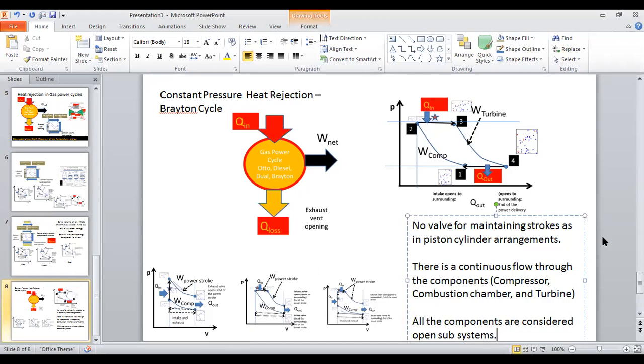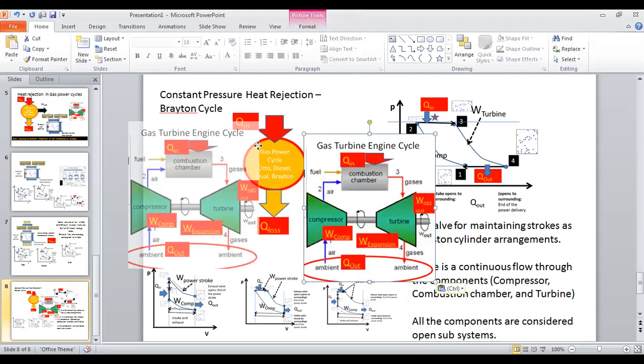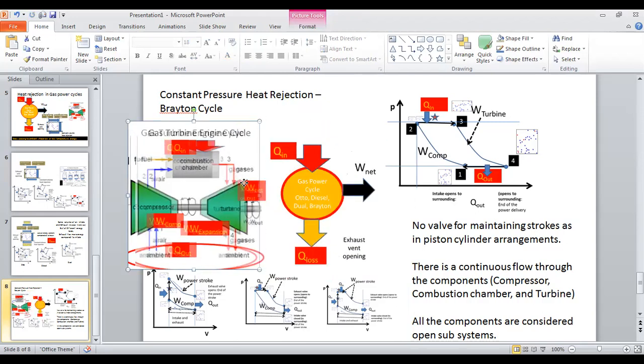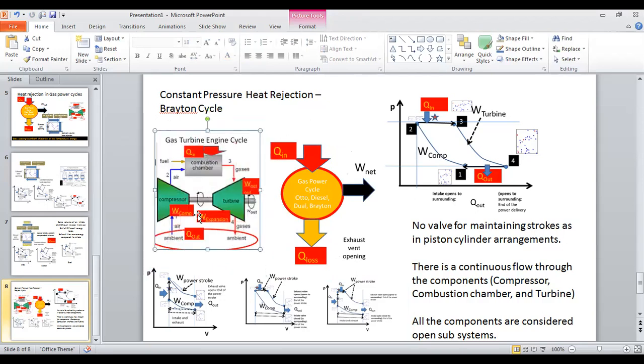So in and out, in and out. So if I put that here, this is the cycle. So it's open.